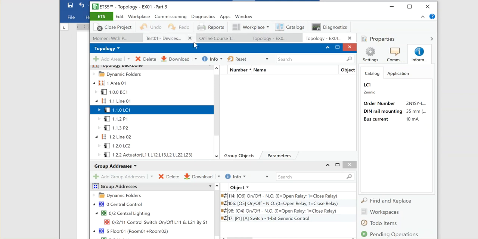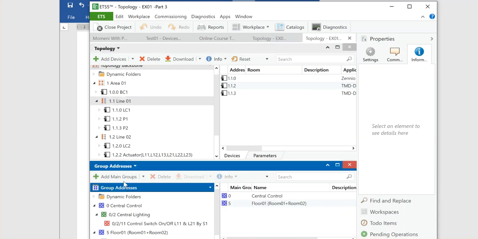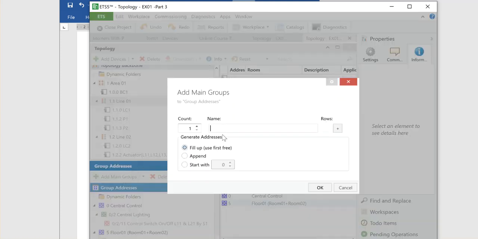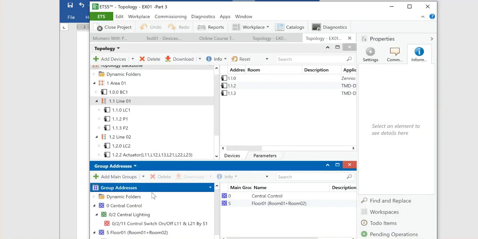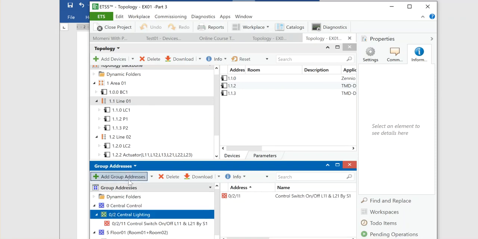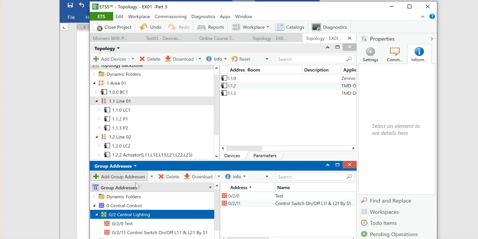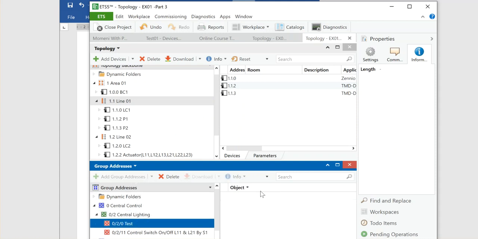Here you can see, for example, I add some group address by hand, in central here, with the name test. If I put test here, there is no link.